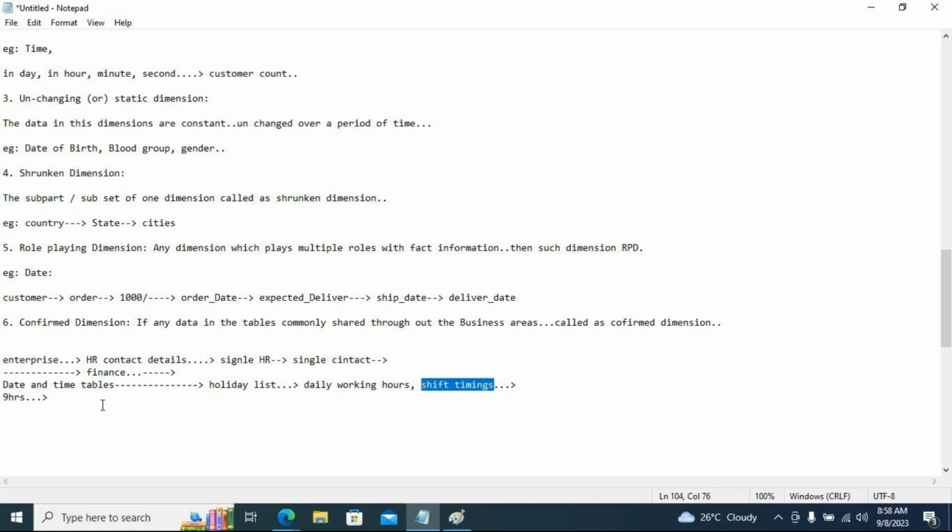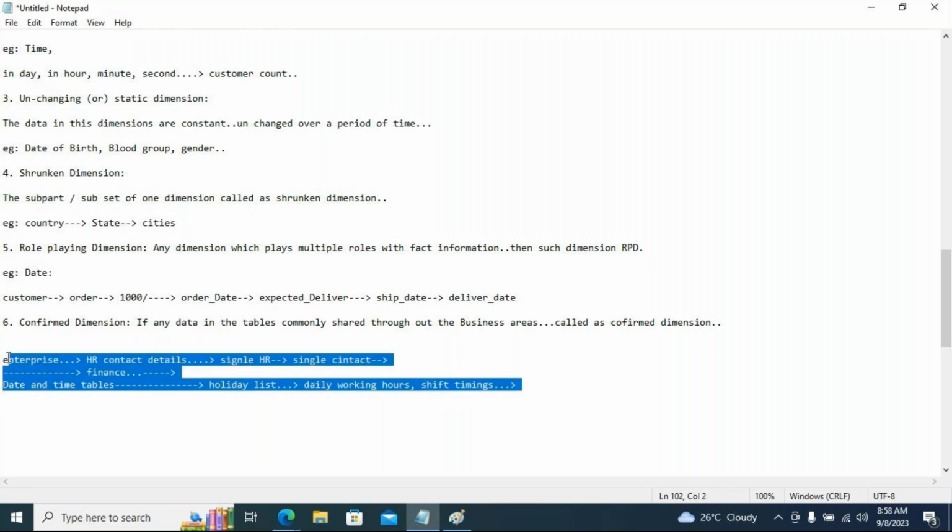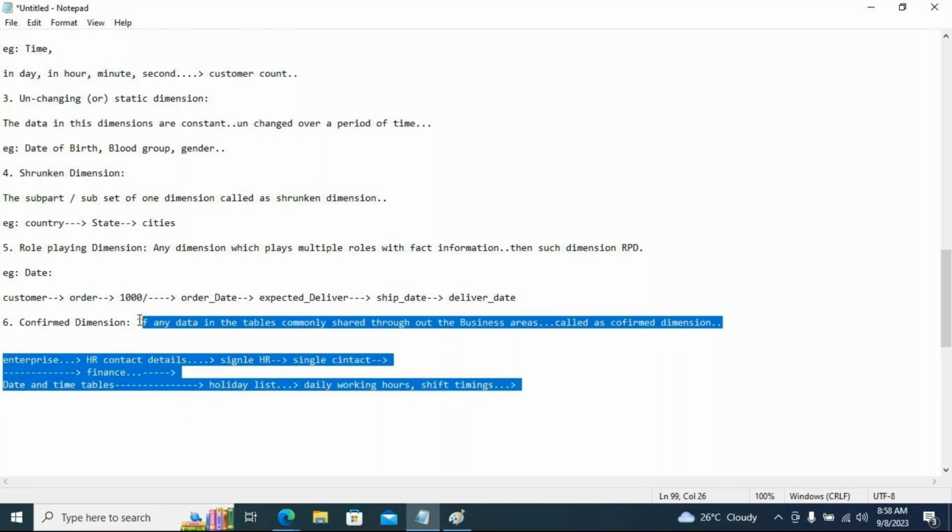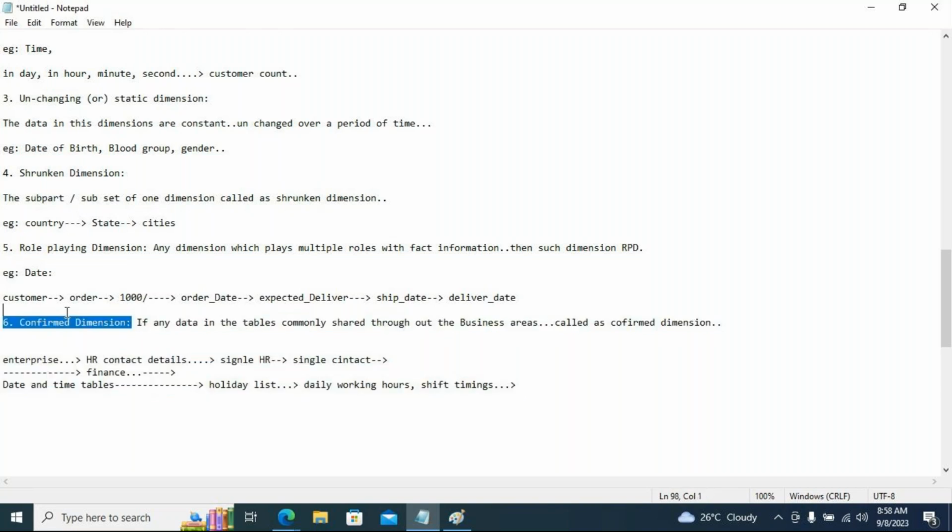That will be taken dynamically based on the timings, and you will receive the respective allowances. It's not that easy to design the architecture of a business. That's the reason date and time tables are also commonly shared throughout the business areas. Such dimension information is called a conformed dimension.